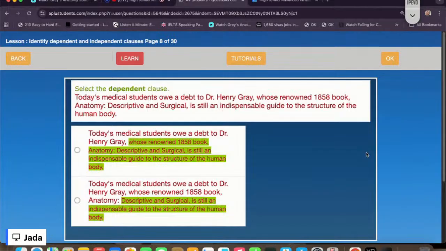So today's medical students owe a debt to Dr. Henry Gray, whose renowned 1858 book, Anatomy Descriptive and Surgical, is like an indispensable guide to the structure of the human body. Is it going to be first or second for dependent clause?